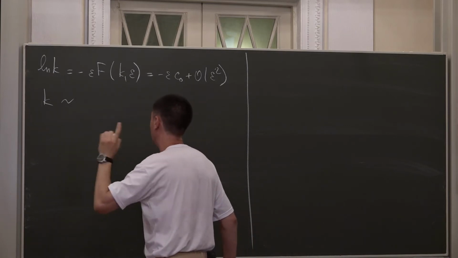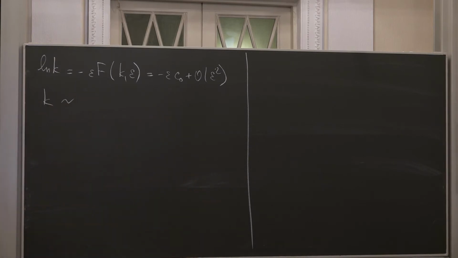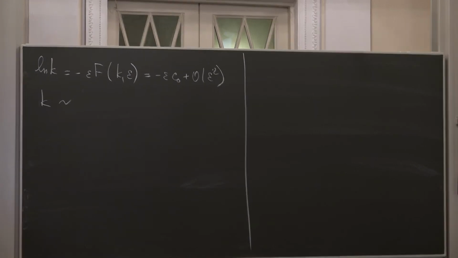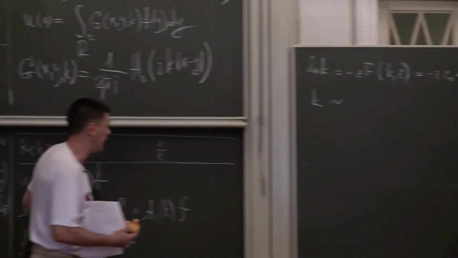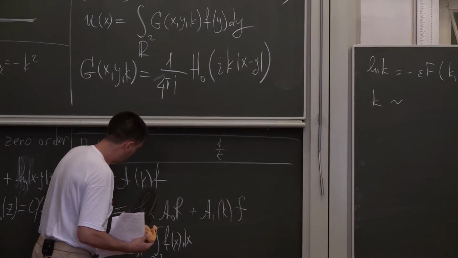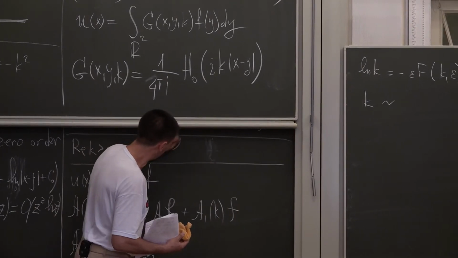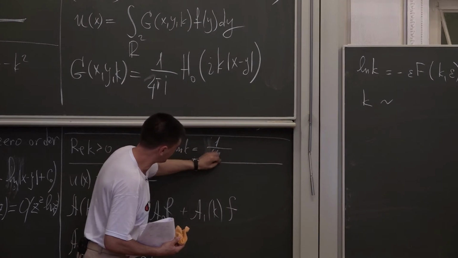Wait, no, it's not like this, I made a mistake. So yesterday we had here 1 over k, and then this k appeared in the left-hand side. So we have here logarithm, which should be rewritten as 1 over logarithm.